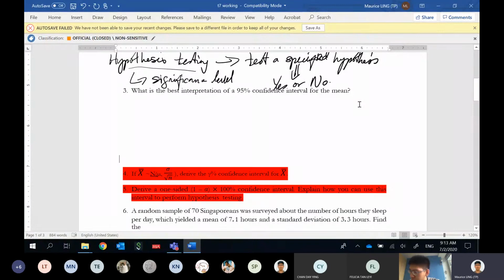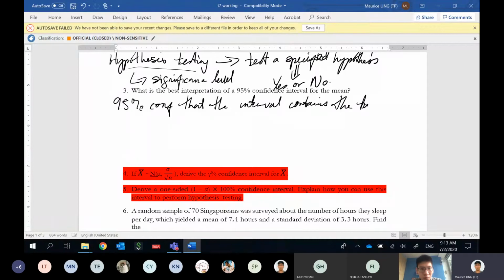So what is the best interpretation of a 95% confidence interval for the mean? Yes, Ihan. It means that we are 95% confident that the interval contains the true population mean. Correct.